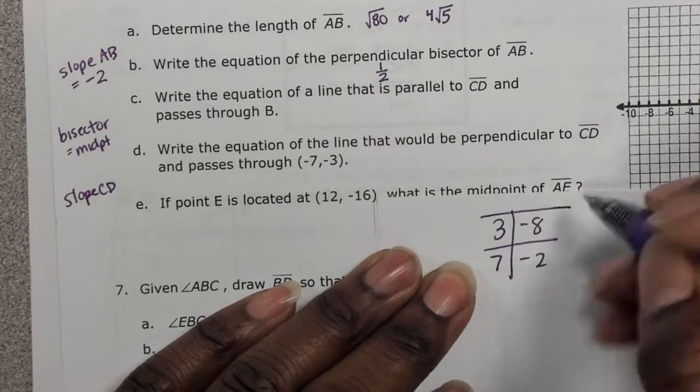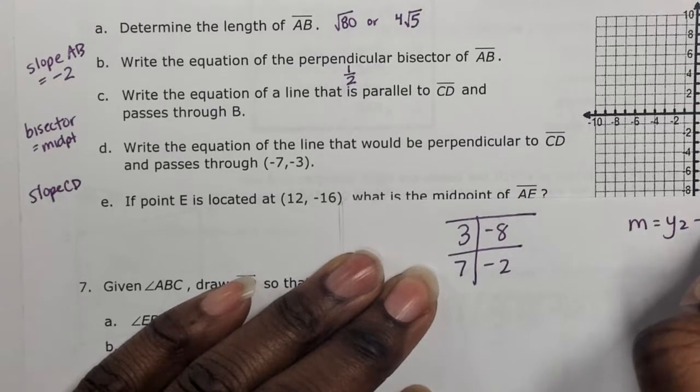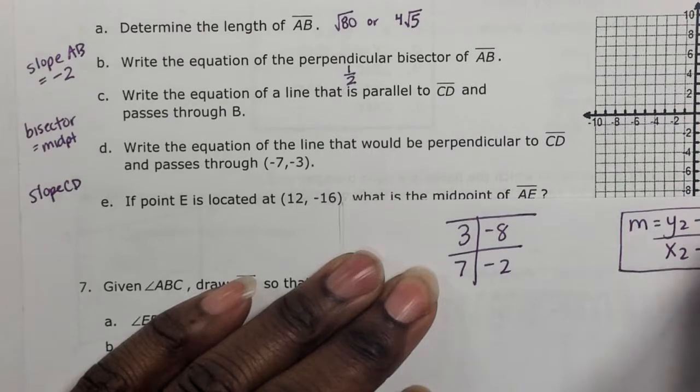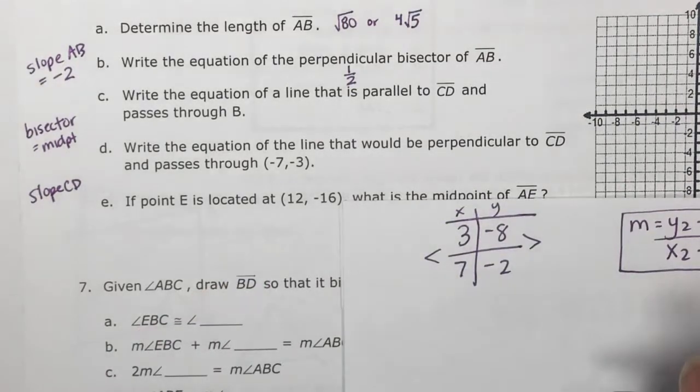However, there is a formula on the formula chart that says the slope is y2 minus y1 over x2 minus x1. And once again, that's on the formula chart. But I like putting it in the table, doing delta y over delta x.